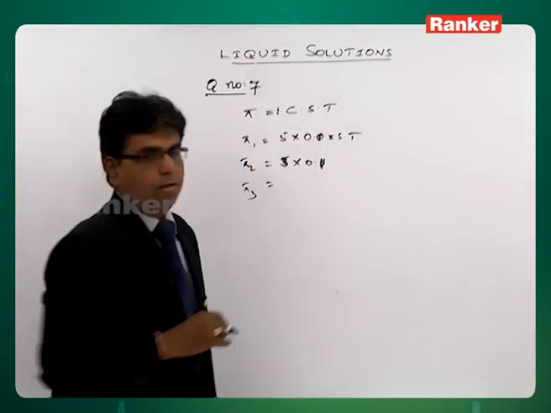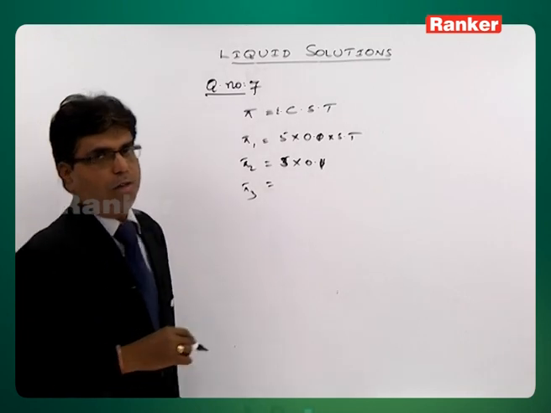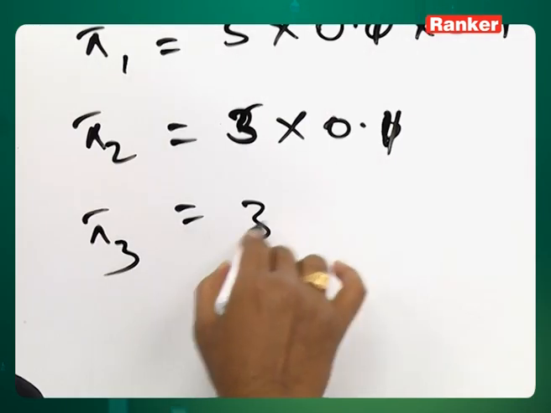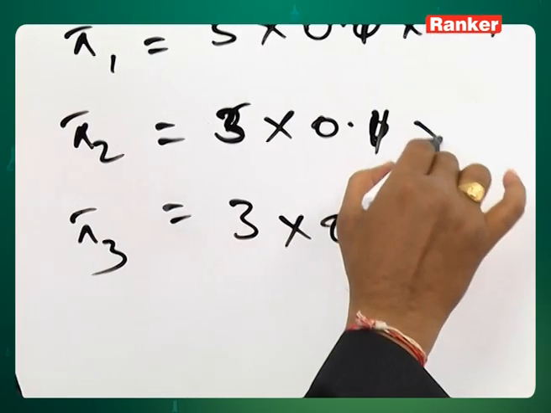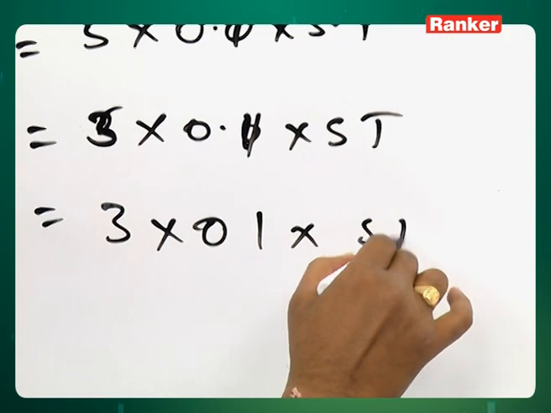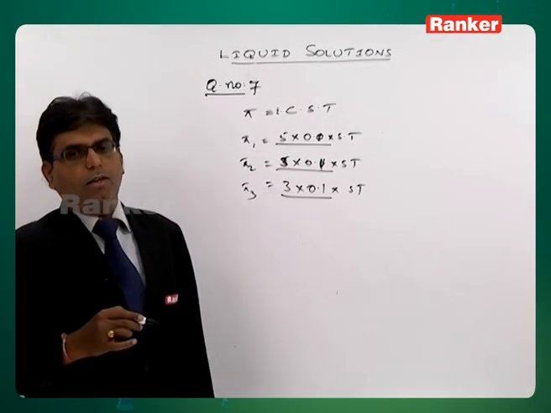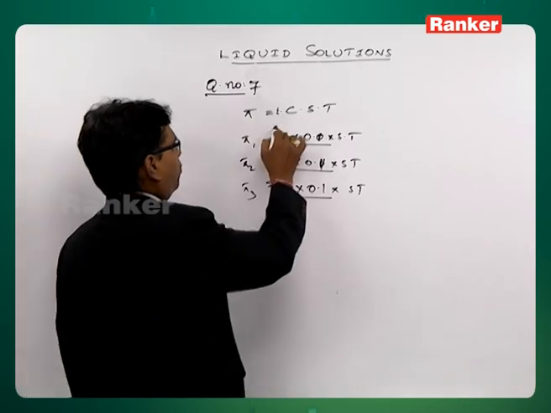Pi 3 is sodium sulphate. Sodium sulphate is 1 sulphate ion and 2 sodium ions. So, that is again 3 into 0.1 into ST. So, if you look at these terms, the highest value is for this.